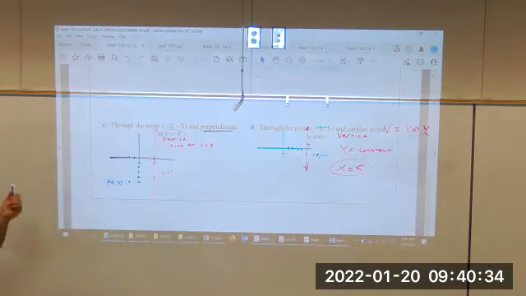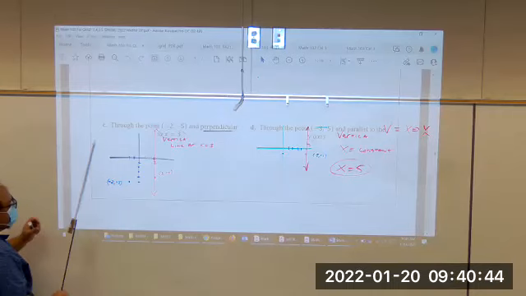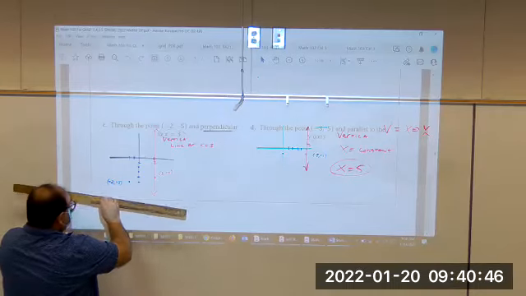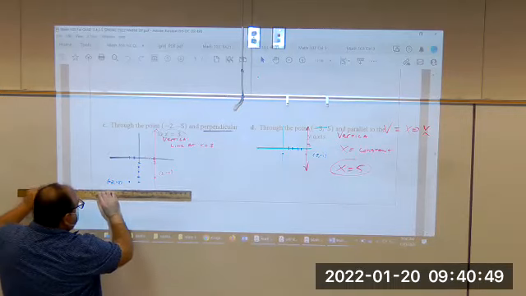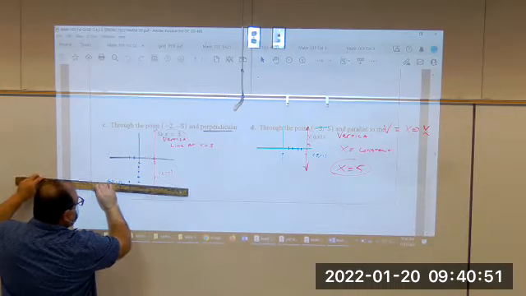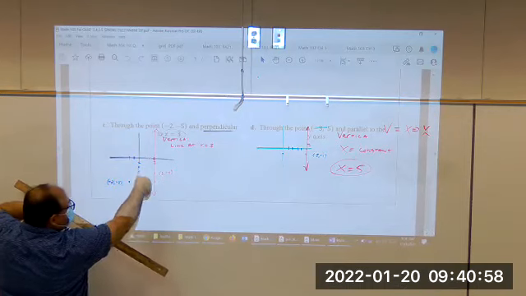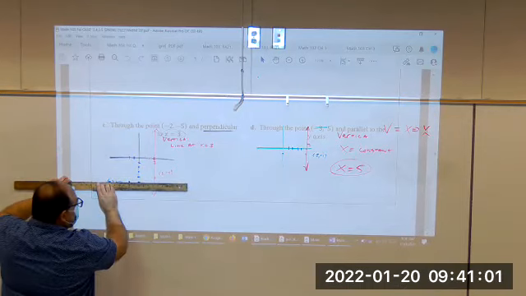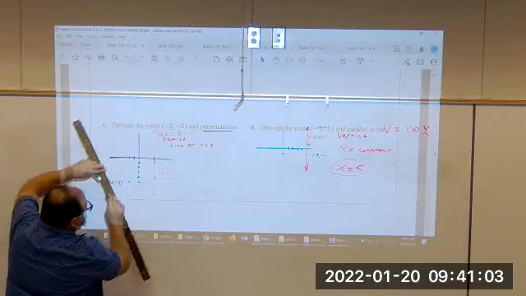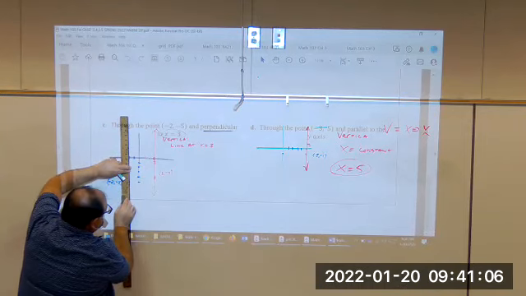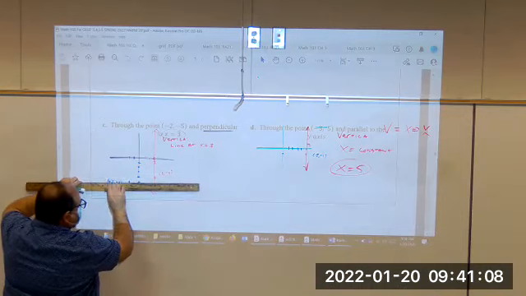My line is perpendicular to that thing, so my line makes a right angle with that thing. It's going to go through here. If it's going to make a right angle, will it be horizontal or vertical? If it's perpendicular to that red line, am I going to draw a horizontal line or a vertical line? Horizontal.